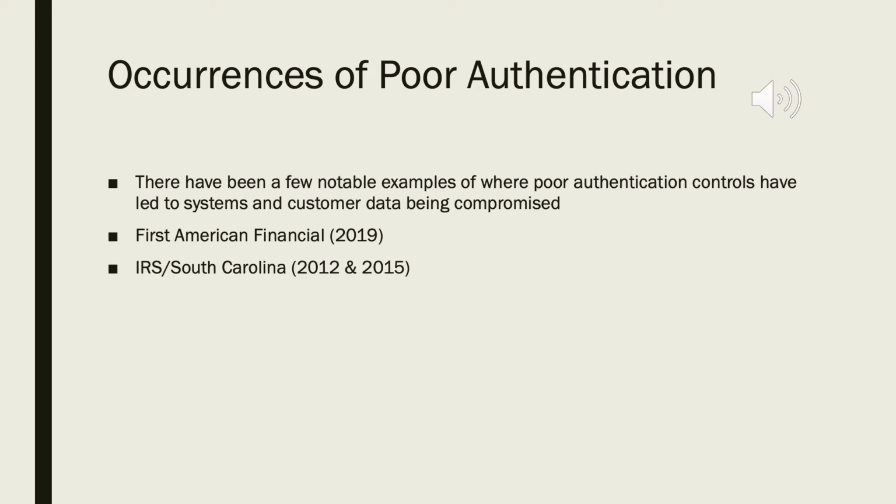So there has also been several high-profile real-life examples of poor authentication being implemented into systems with billions of records of customer data that should have been protected very securely that wasn't. The first of which was with the first American financial real estate company in 2019. Essentially, they had a bunch of customer data hosted online with no authentication controls whatsoever.